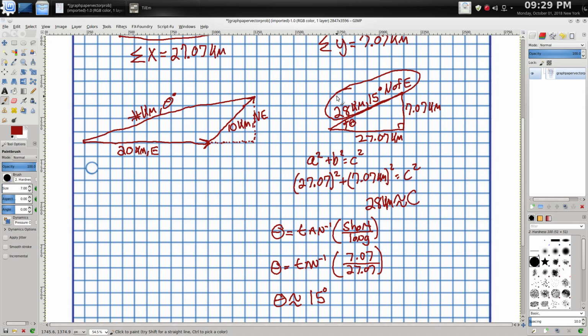So, guys and gals, I hope this was helpful. Just remember that when you're dealing with vectors, no matter what vector you're given, if they're asking you to add them, if they're asking you to subtract them, the first thing you want to do is calculate all of your x components and all your y components.